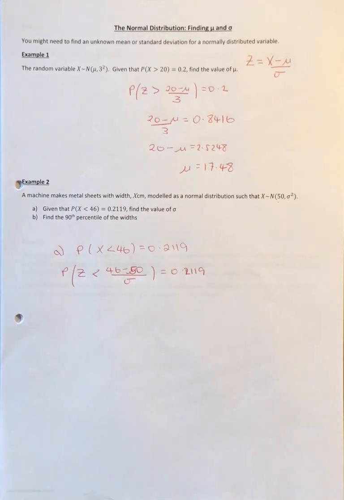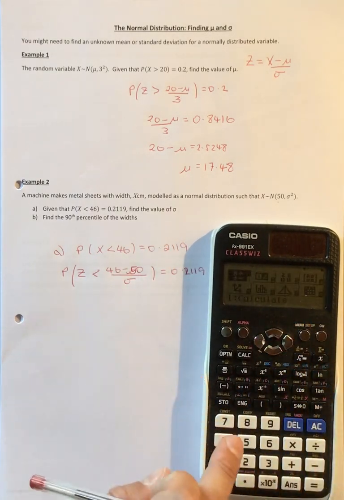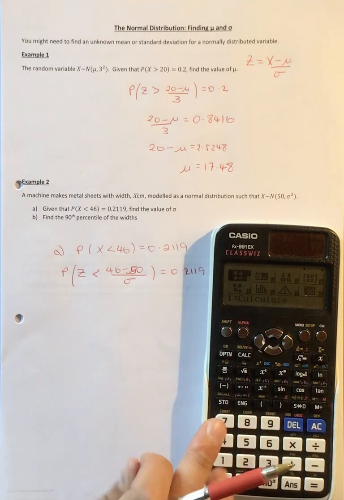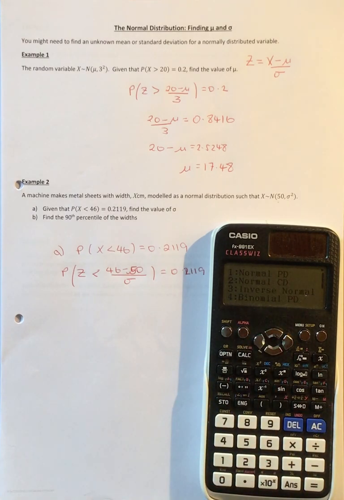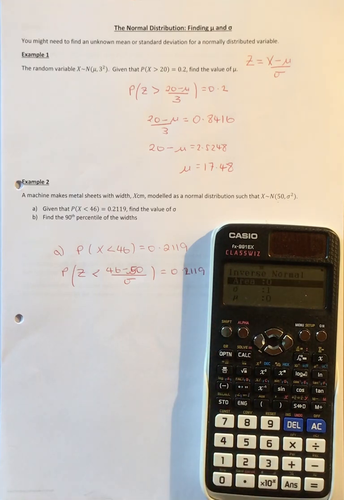So 21.19% or 0.2119 is not a value that's in my percentage points table. So this is where we're going to use our calculator using the distribution option, which is number 7 in our main menu, and then the inverse normal, so option 3.